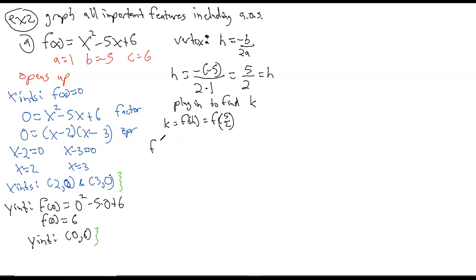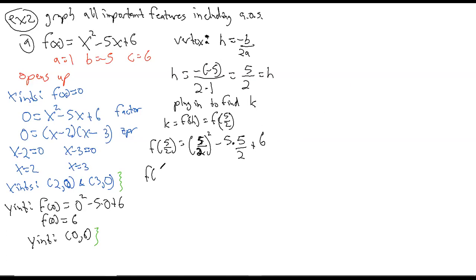So f of 5/2 is going to be parentheses 5/2 squared minus 5 times 5/2 plus 6. Let me make my 2 look a little prettier in the bottom. There we go. Make the 5 look a little prettier as well. I could do a lot of things with my handwriting to make it look prettier. That's 5/2 squared minus 5 times 5/2 plus 6. Again, we just plugged it into the original function up here.